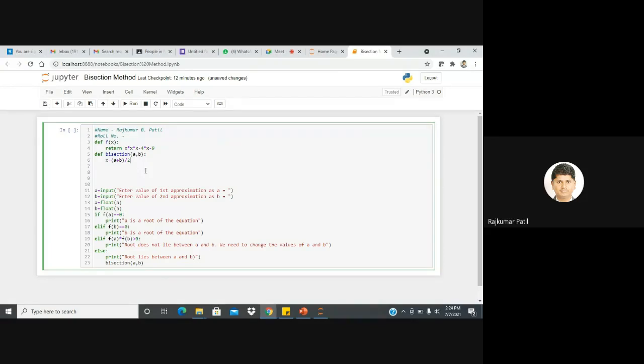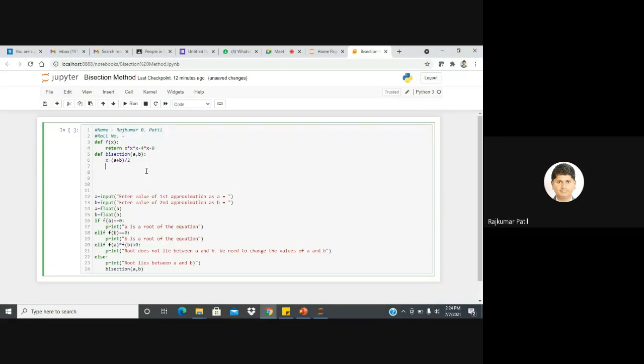You can modify your strategy as well. Okay, so this is one of the ways to write the program. We will move ahead and write the error, in which we are interested. So the absolute value of a minus the absolute value of b.